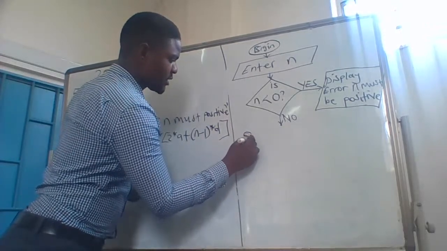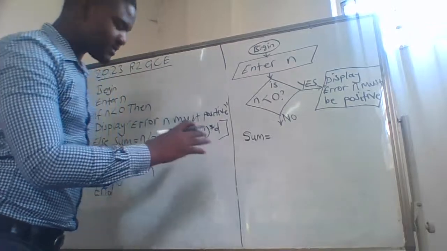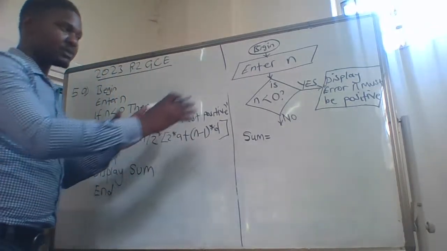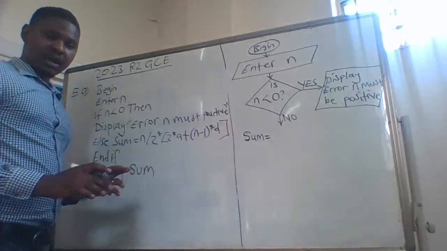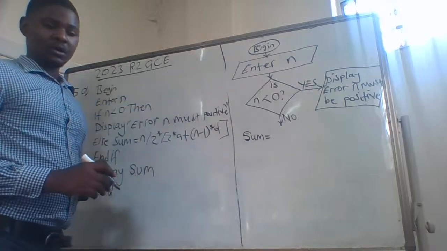Sum equals, you really need to copy these things exactly the way they have been provided on the pseudocode, putting them on the flowchart. Exactly, no difference. Where they have put some quotations, you also indicate them on the flowchart.